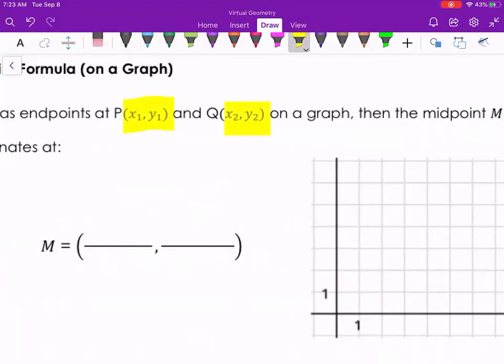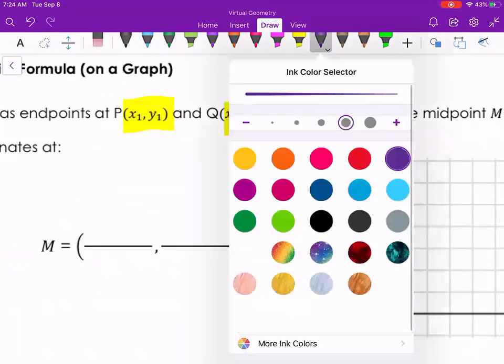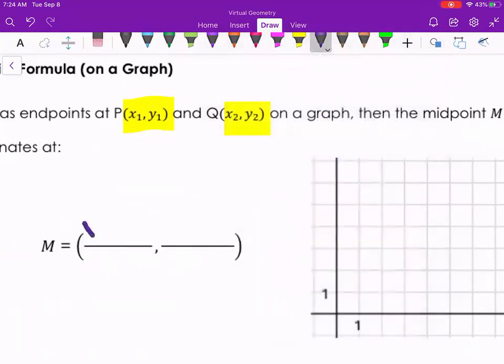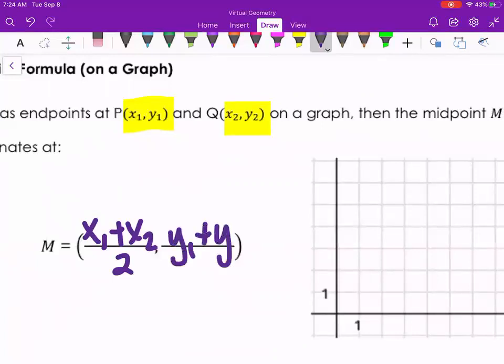If we have the points (x1, y1) and (x2, y2) on a graph, we can find our midpoint by doing the same kind of idea. Add up your x's: x1 plus x2, still dividing by 2. But because now we have the y coordinates, we do the same thing to them: y1 plus y2, and then divide by 2.